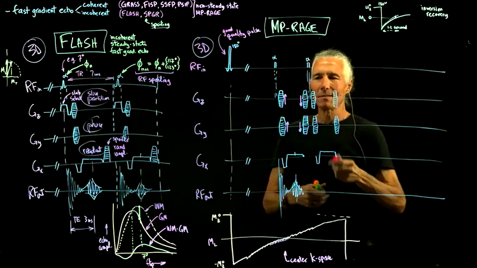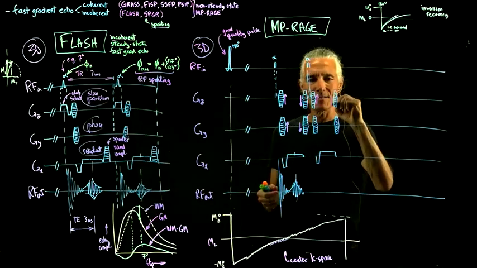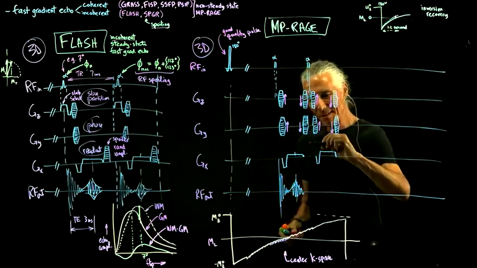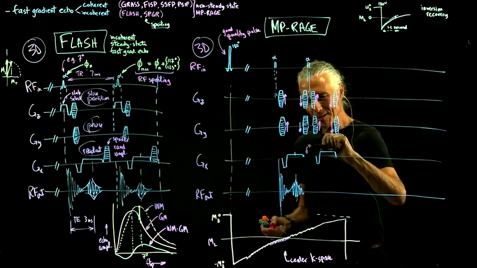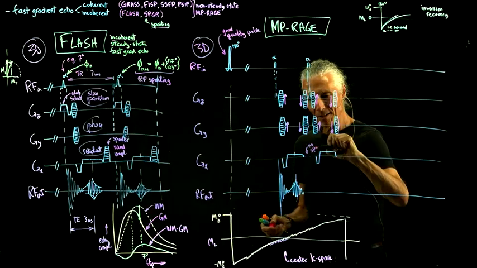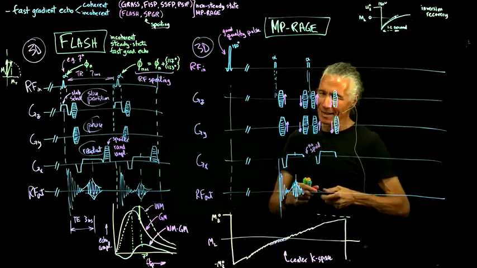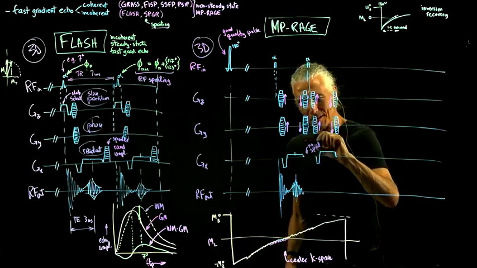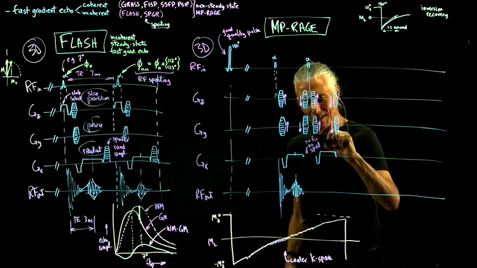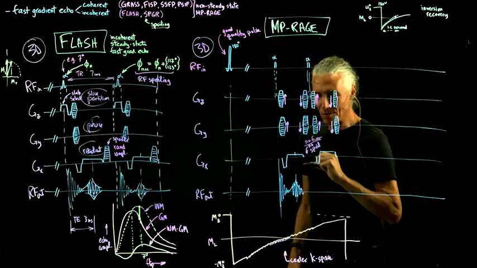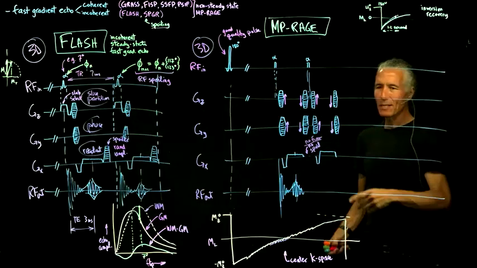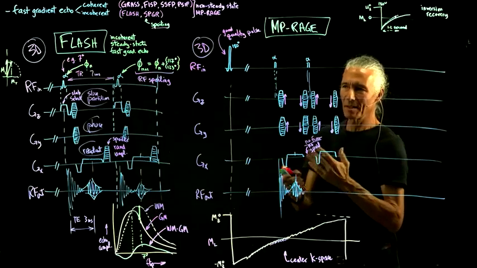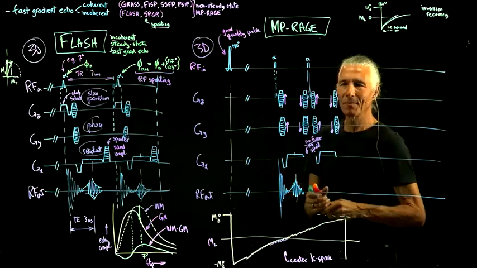So if we're going this way, then go that way, and then don't do any spoiler. No spoiler. No fixer on the readout. Maybe just because you're doing no fixing here, the contrast ends up looking like FLASH, not GRASS.